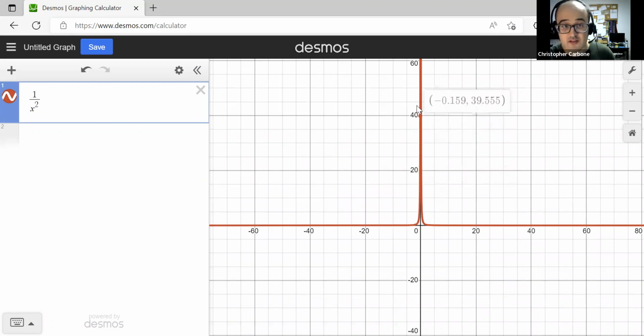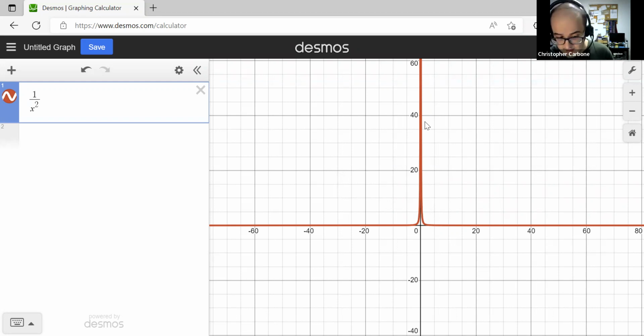They never approach a certain number. Likewise, if we took it from the right, you can see that these also increase forever. It does not approach a number. So because of it, this limit for 1 over x squared as x approaches 0 from the left or the right does not exist.